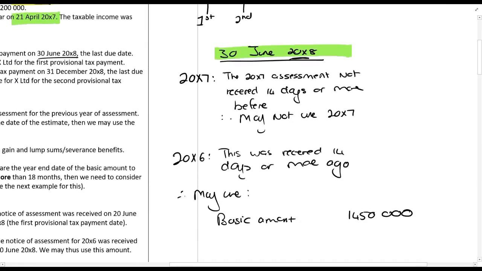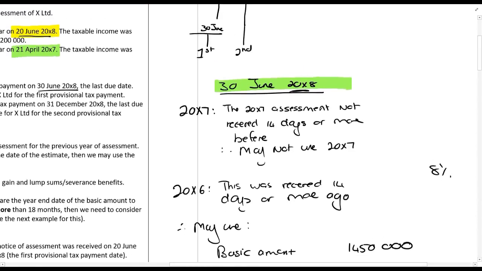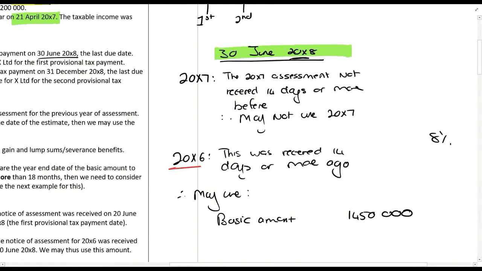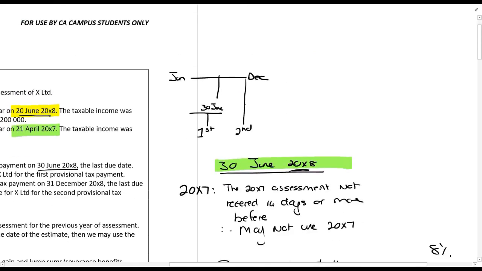You now need to decide if you have to increase that by 8%. So what you do, important now that you see, is you compare year end to year end. So what year are we using? 20X6. So we compare 31 December 20X6.